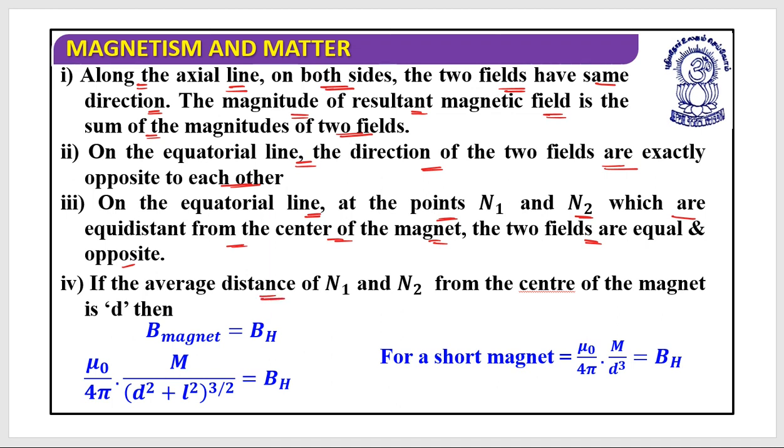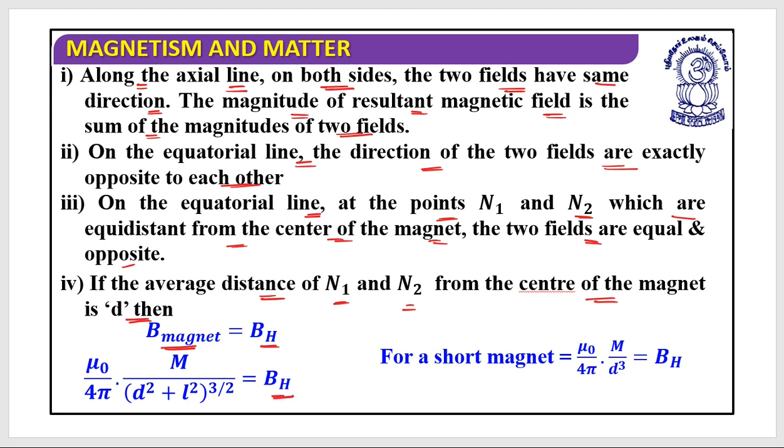Let's understand that. Suppose the average distance of N1 and N2 from the center of the magnet is d. Then I can write B of the magnet equals BH, the horizontal component of Earth's magnetic field.